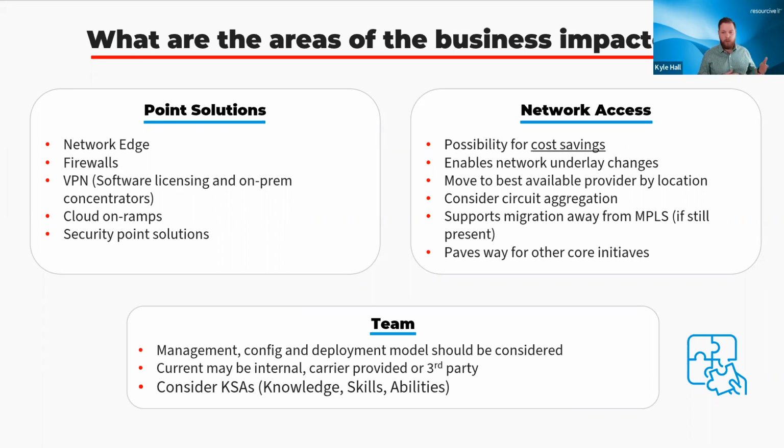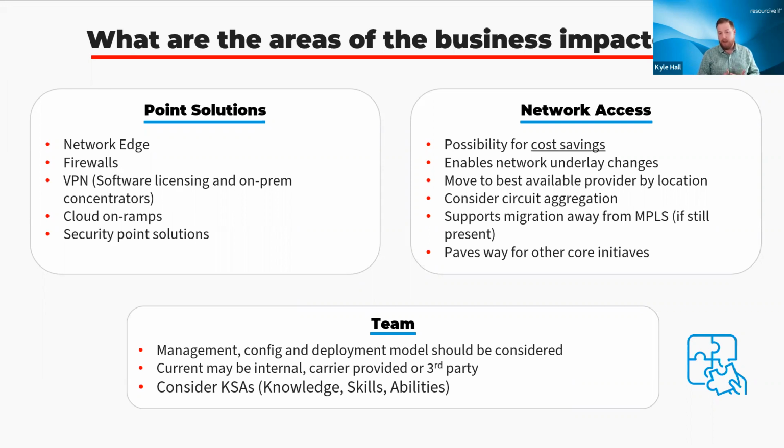So you can move from possibly an MPLS network that was out there. We're seeing fewer and fewer of those, but an MPLS network that was out there, to something with dedicated internet access and broadband, or at times we've even seen people moving away from DIA to broadband and mobility, and getting both of those things.